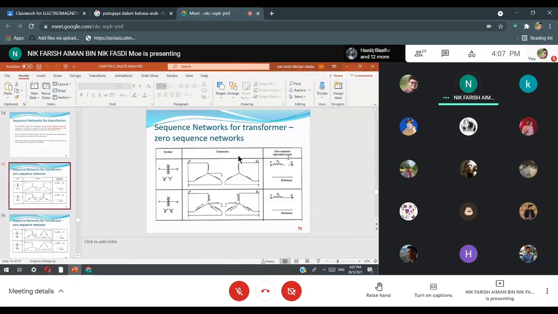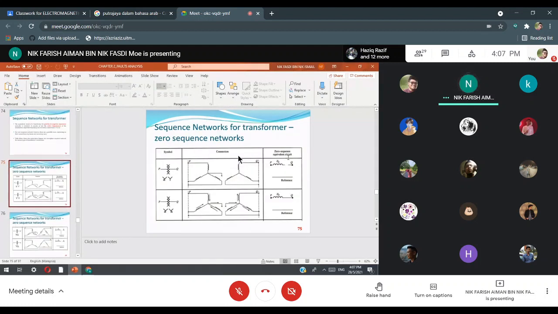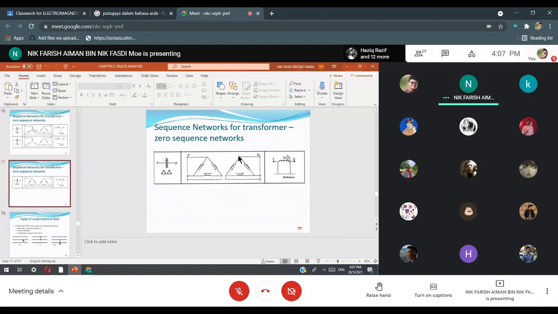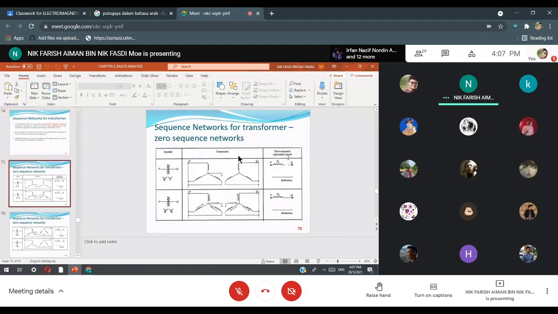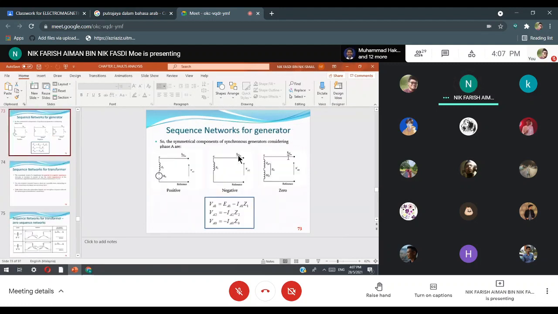So these are the 5 possible connection of transformer for different connection, delta, Y delta, YY with ground, and then these are the sequence equivalent circuit. So banyaklah you kena ingat circuit. For example untuk generators, positive, negative, zero. Tapi tak usah pun sebenarnya. Kalau for the generators, remember for phase A, only phase A has the source, EMF electric voltage.